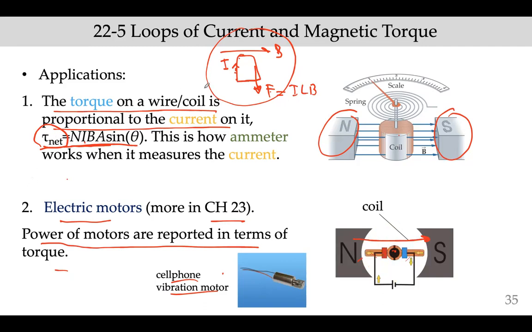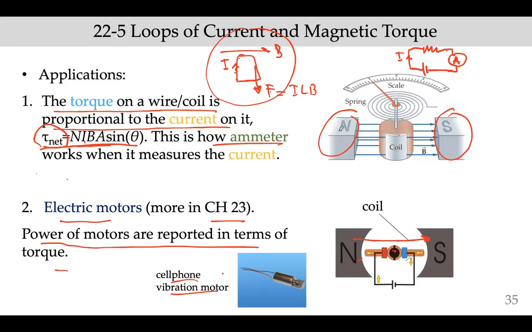So you can measure the current by looking at the torque on that wire. This is how ammeters work. Remember, if you have a circuit connected to a battery and you want to find the current, you connect it to an ammeter, which measures the current. How does it do it? The current passes through the coil. There's a coil inside the ammeter.